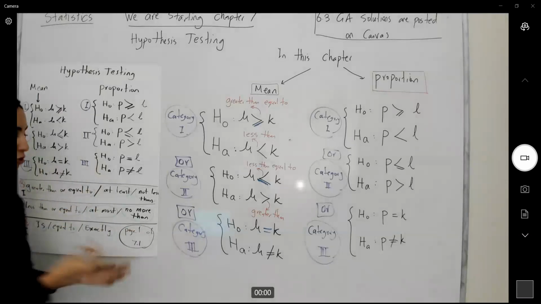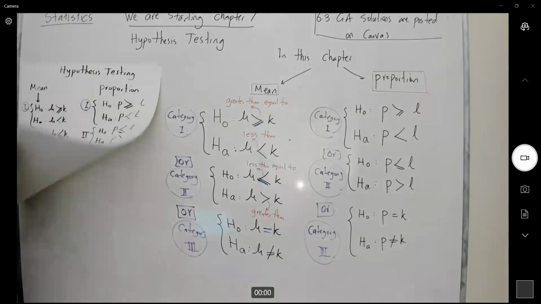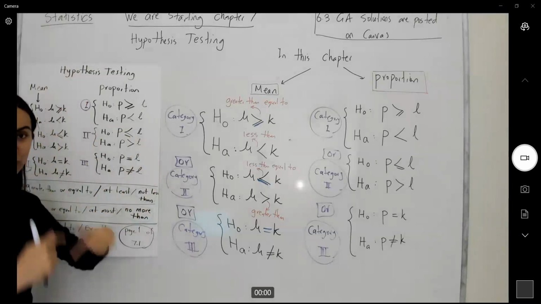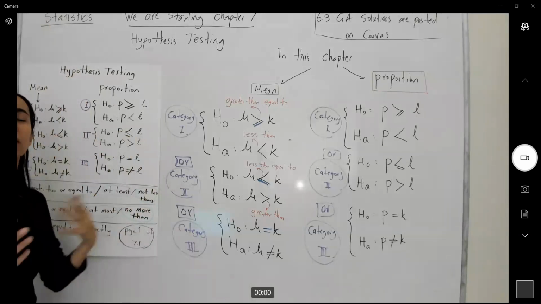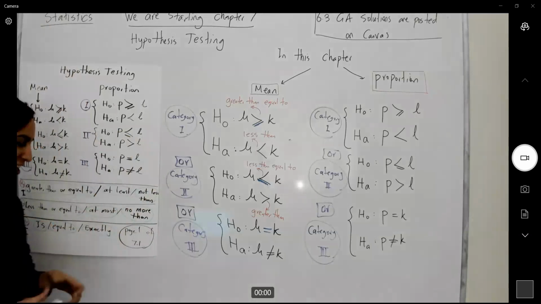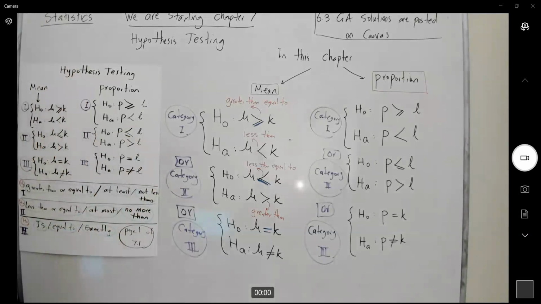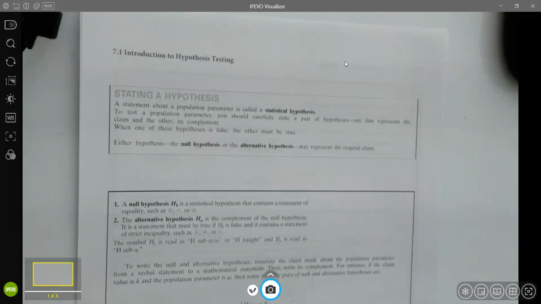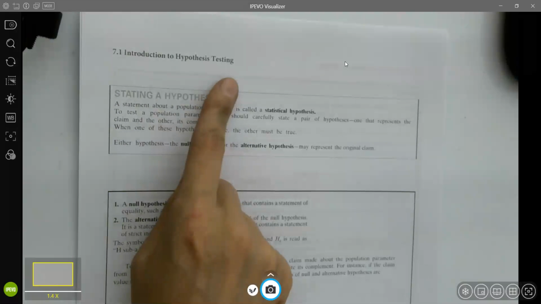As I mentioned before, on the back of this paper, we're going to create columns. We have to follow some steps to be able to make decisions about hypothesis testing. Well, we are on 7.1, Introduction to Hypothesis Testing.